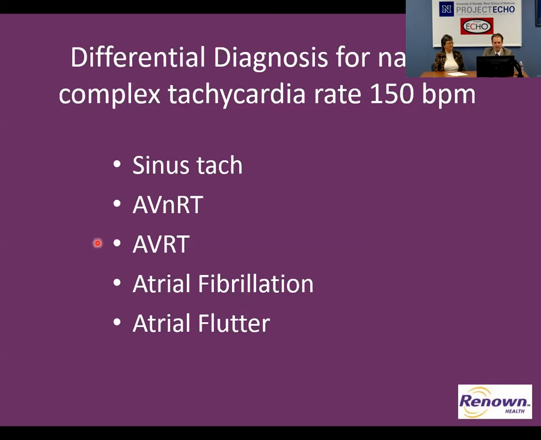AVRT involves a bypass tract outside of the AV node, but also the AV node. Atrial fibrillation can regularize and be at a rate of around 150. Atrial flutter with 2-to-1 conduction can cause this similar sort of thing. And of course, sinus tachycardia can be at a rate of around 150.